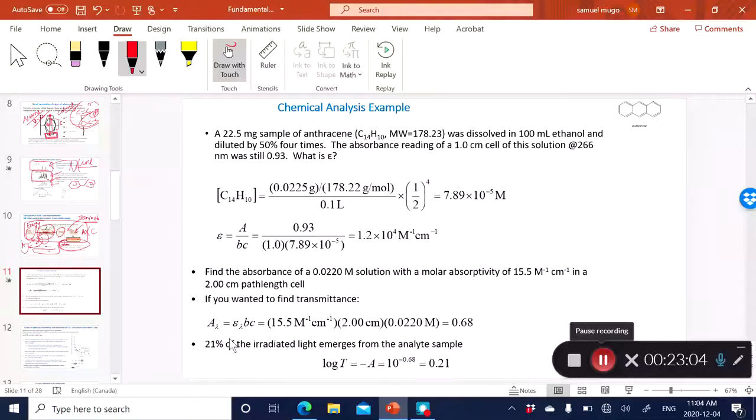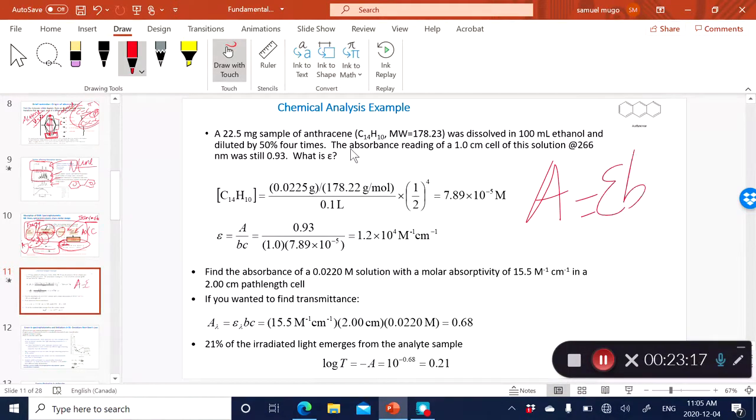So if I give you a problem like this, I think it's very straightforward. Calculate the molar absorptivity, having been given each of these parameters. Essentially, you just invoke Beer's law, and you can calculate your molar absorptivity. I think it's fairly straightforward, okay? And if I ask you to determine the transmittance, you know the relationship.